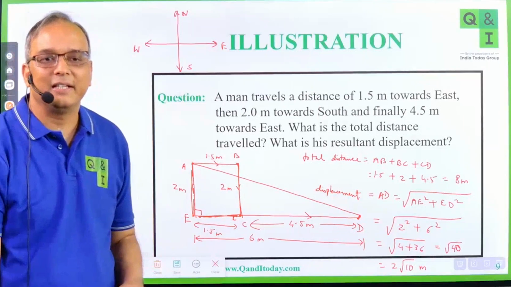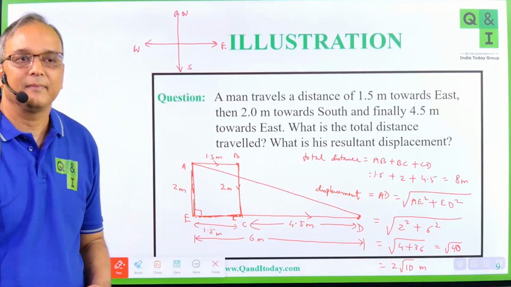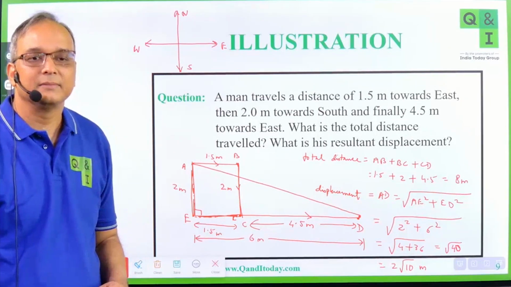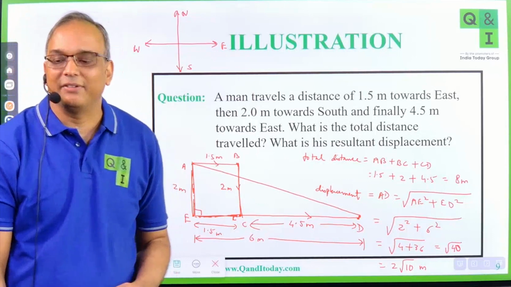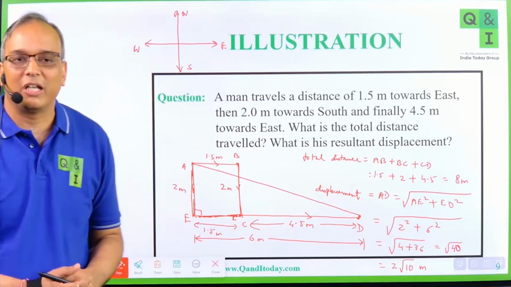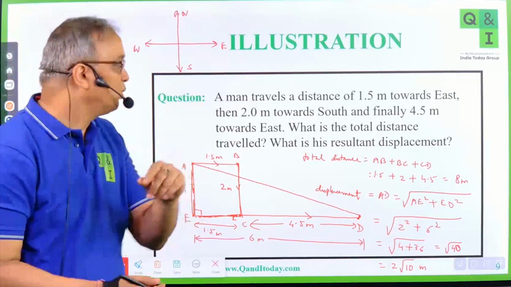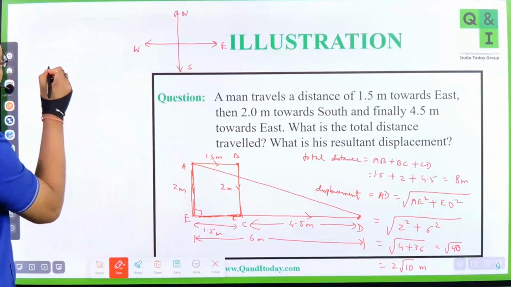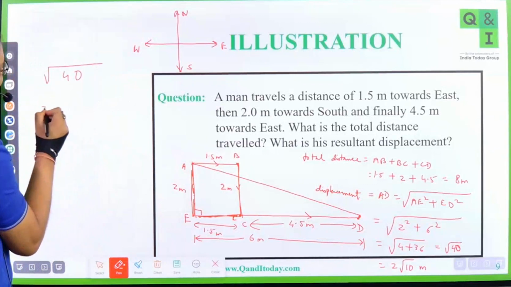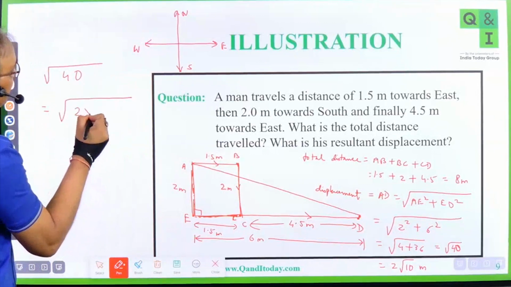Everyone, is it clear to everyone? Yeah, please tell Kavin, what doubt do you have? Okay, root of 40. I'll do it here separately. So root of 40 can be written as 2 into 2.